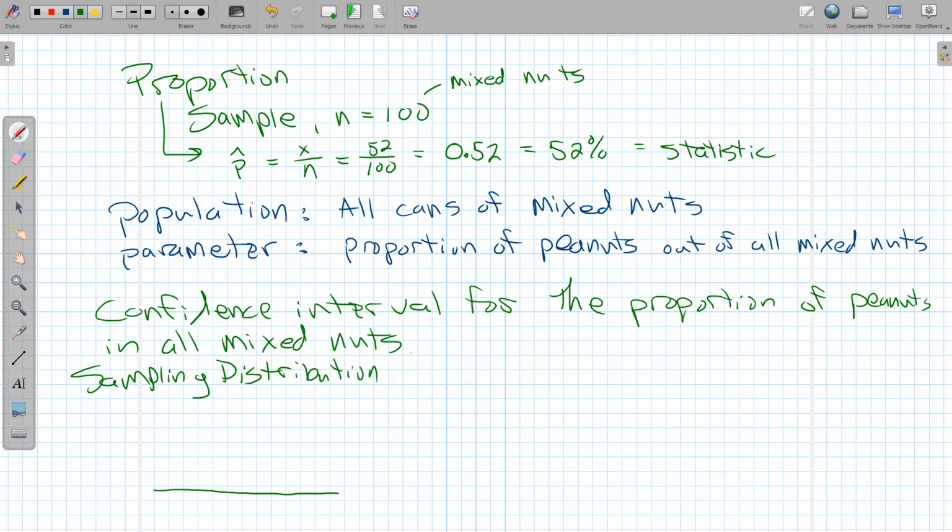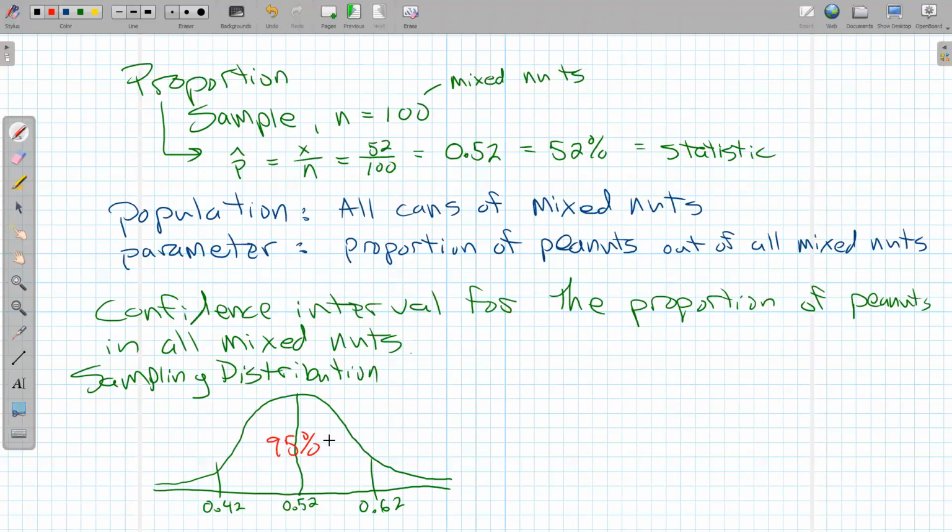Usually for a sampling distribution, I draw the x-axis, and then I draw my best symmetric bell-shaped curve. In the middle, StatKey says it was 0.52. Out on the left, StatKey said 0.42, and out on the right, 0.62. And this is StatKey's version of a 95% confidence interval.